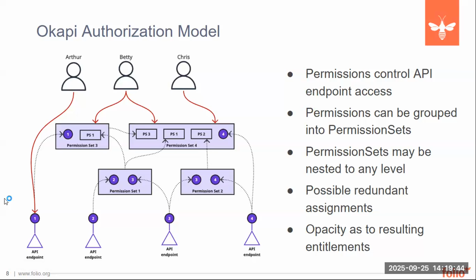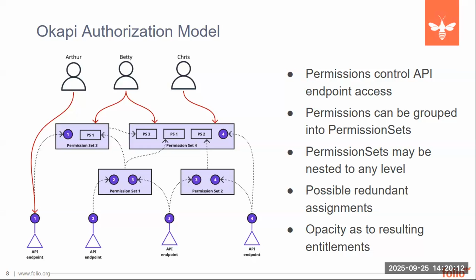Because you look at this and you say, well, what exactly can Chris do? And you don't really know, because it looks like Chris is getting this permission set 4, but really, Chris is actually getting all the permissions because of the nesting that goes on. There's also redundant assignment of permissions, because permission 4 is directly in permission set 4, but it's also being inherited from permission set 2 down below. So this leads to a very messy kind of situation.